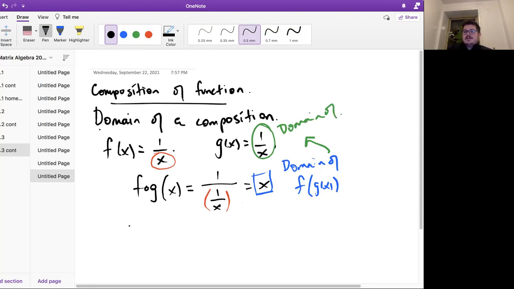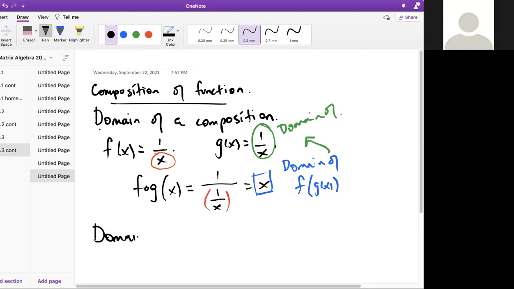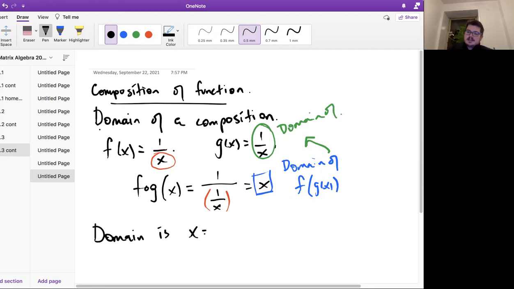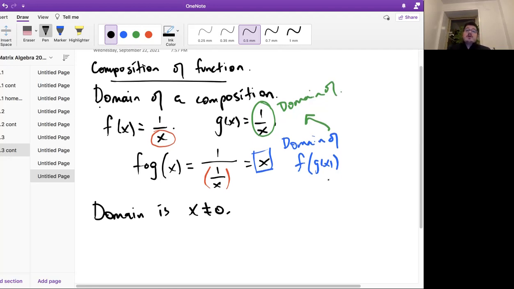What number doesn't work when you plug in? Just zero, right? So the domain is x can't equal 0. In this case, it would be negative infinity to 0 and 0 to infinity. You have to include the negative stuff too.